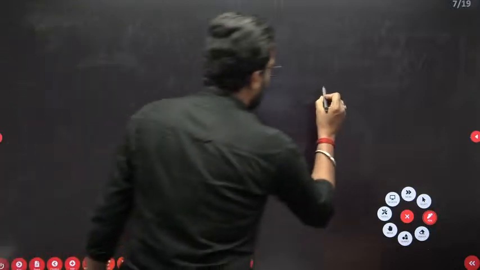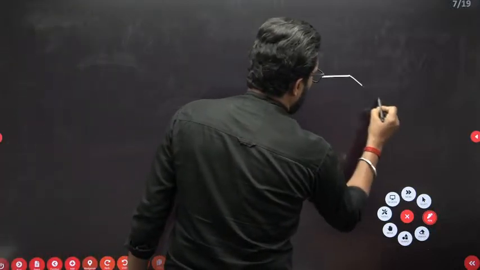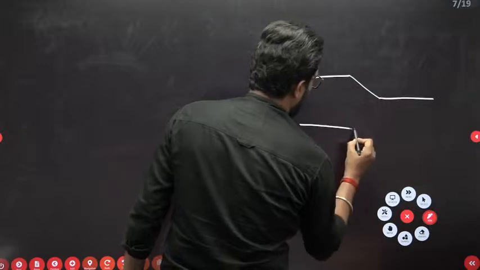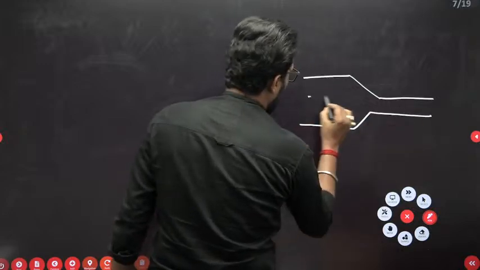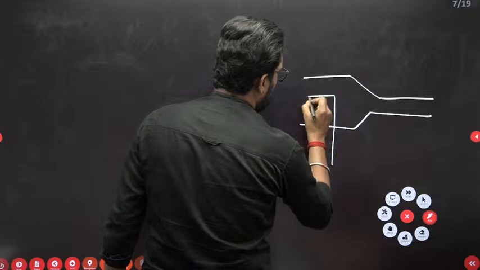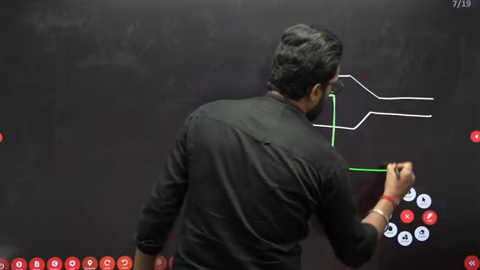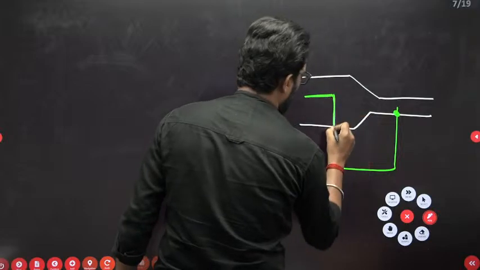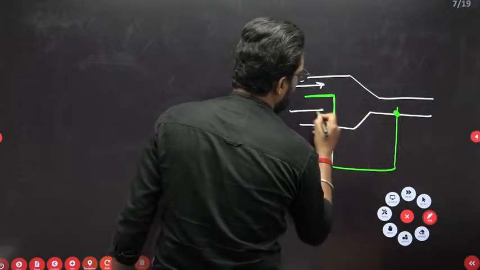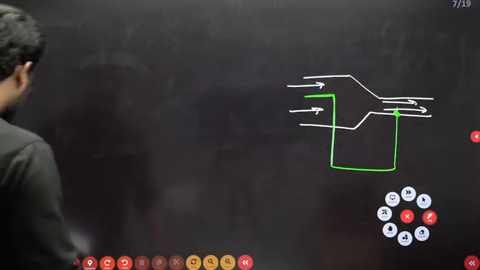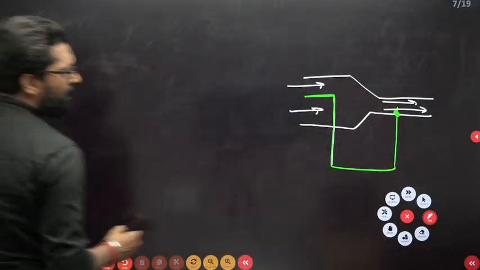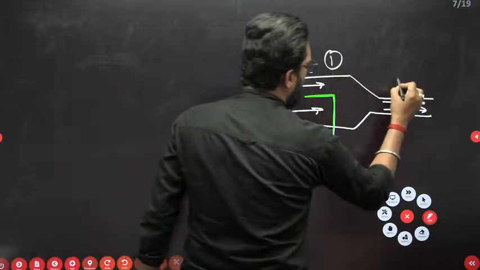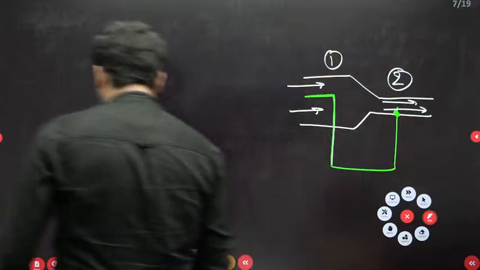Now my dear, see, here is your P2 tube, it is installed like that, yes or not? Fluid is flowing, yes or not? It is like that. Now this is section 1 and this is section 2.